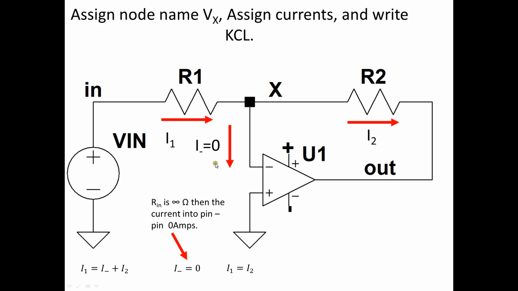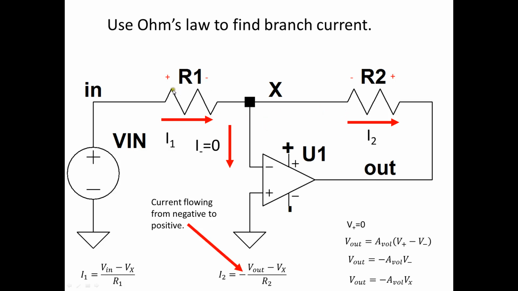We set up the currents because we're assuming R in is infinity, I negative is 0, and I2 and I1 are equal to each other. When we apply the voltage drop definitions, we get I1 and I2. But in this case, we're going to keep the Vx.